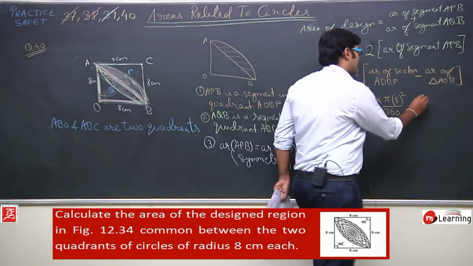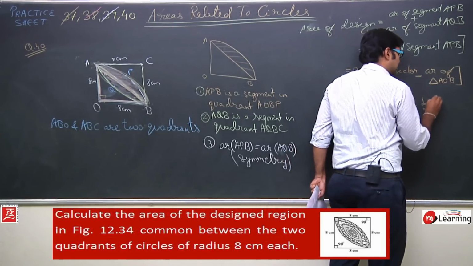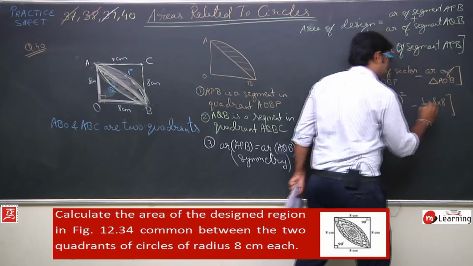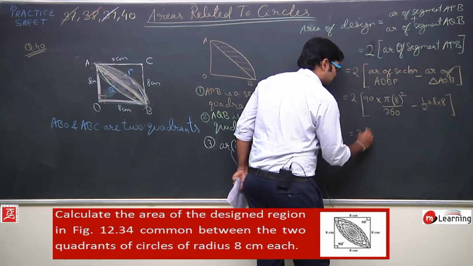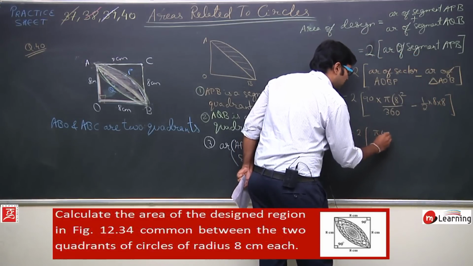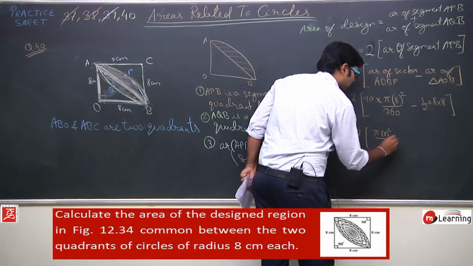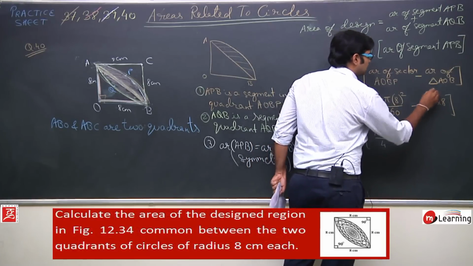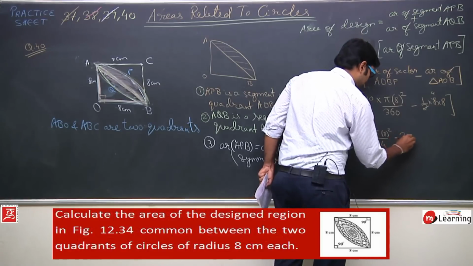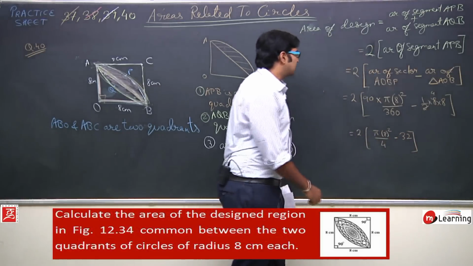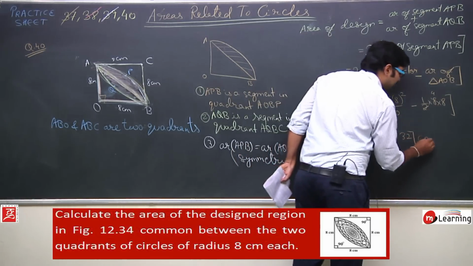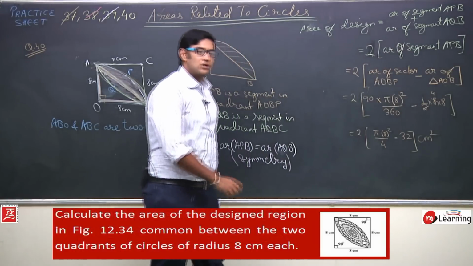So area will be half into base 8 into height again 8. So this will give you 2 times pi into 8 squared upon 4 minus, when you solve this, 8 4s are 32. So this will be the area of design in centimeter square.